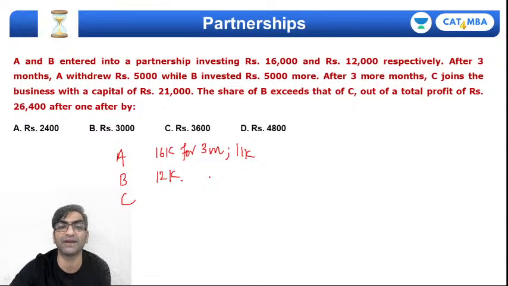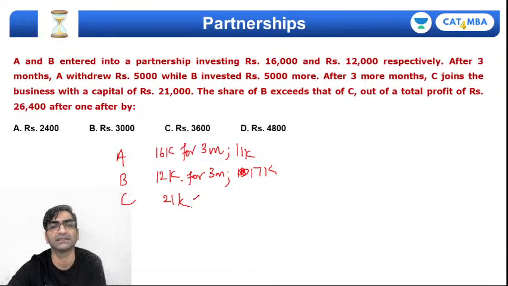While B invested 5,000 more, right? Which means 12k also was for 3 months, then he invests 5,000 more, which means it becomes 17k from here onwards. And after 3 more months, C joins the business. So C puts 21k after a total of 6 months.